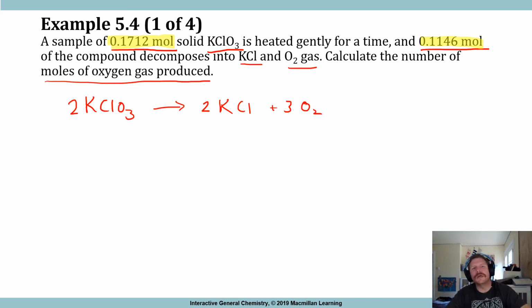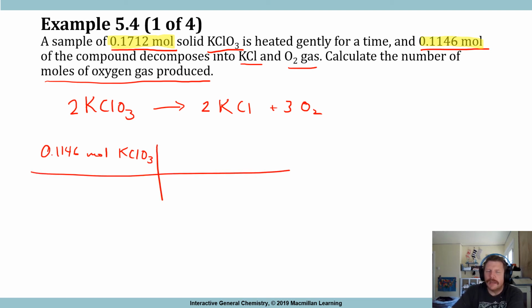Well, I know that 2 moles of KClO3 will produce 3 moles of O2. So there's my ratio. But I need to write my problem out in terms of KClO3. I know that 0.1146 moles of KClO3 is what's going to decompose.